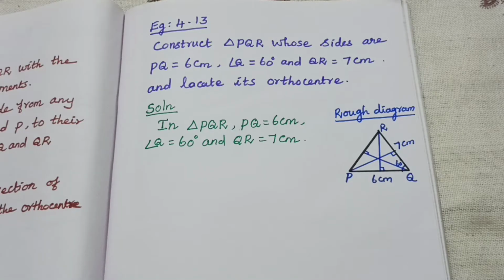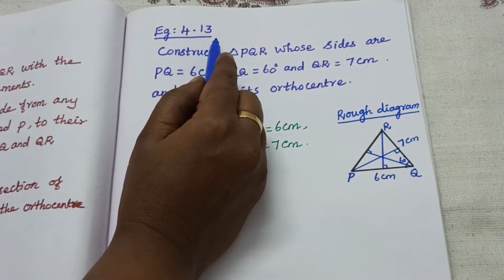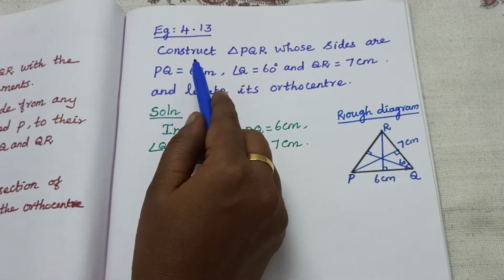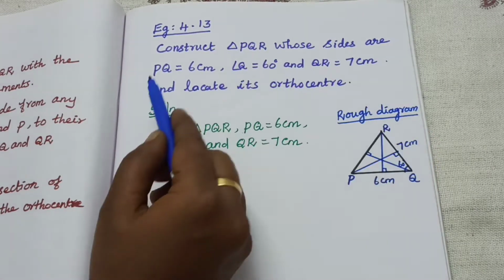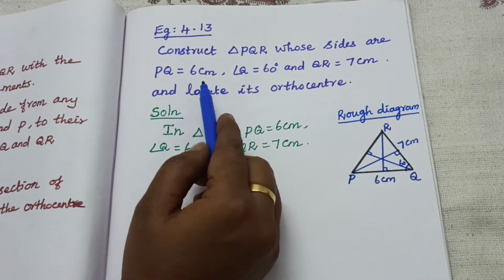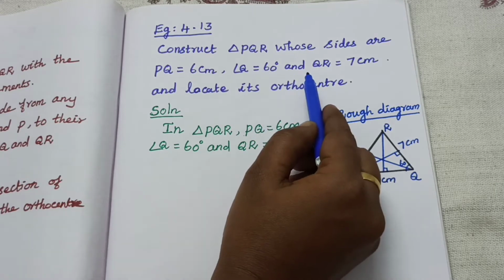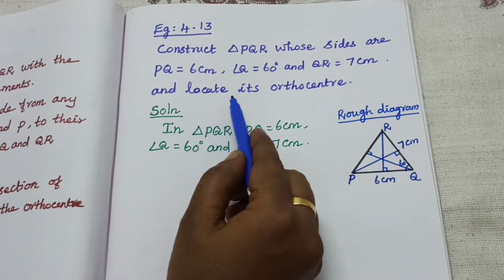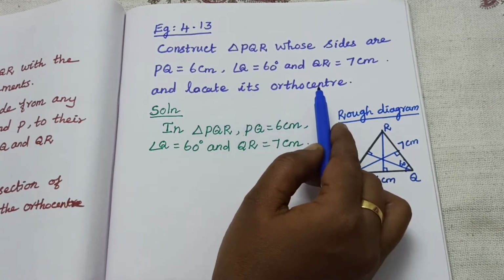Now let's see example 4.13. Construct triangle PQR whose sides are PQ equal to 6 cm, angle Q equal to 60 degrees, and QR equal to 7 cm, and locate its orthocenter.